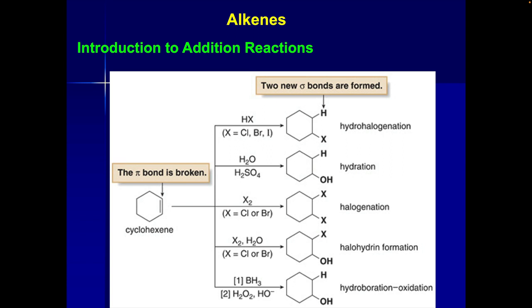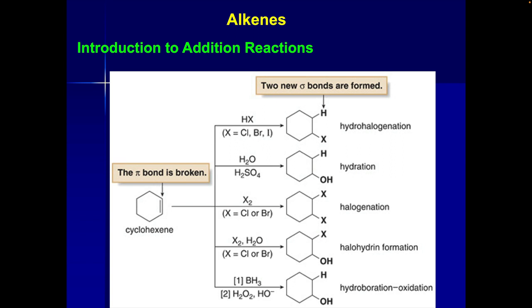I can also convert alkenes to dihalides. Notice there's one halogen atom on each of the carbons that start off being the alkene.